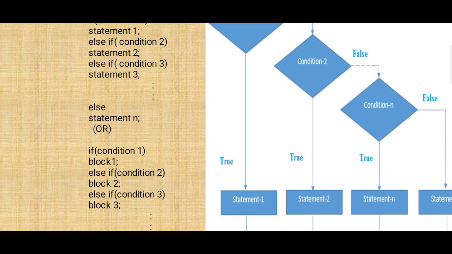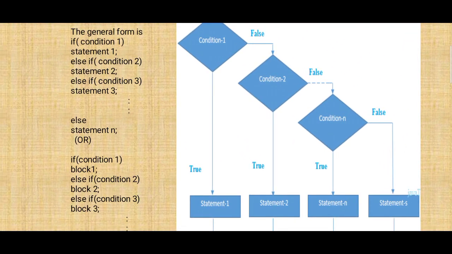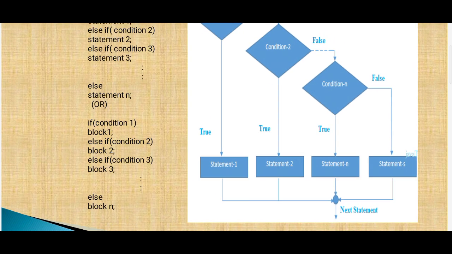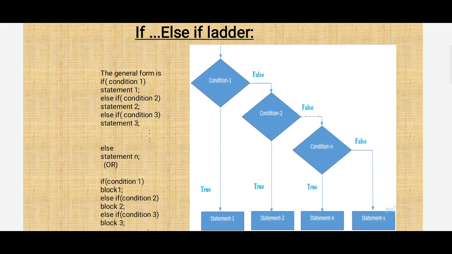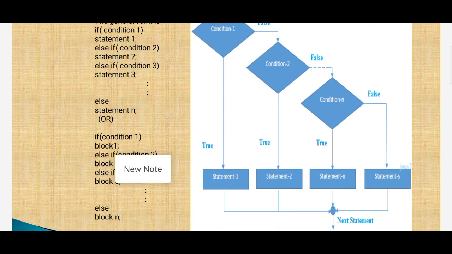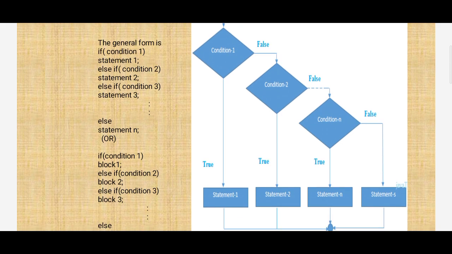This is the flowchart of the if else ladder. It is easy to understand. Here we have conditions 1, 2, 3. If condition 1 is true, statement 1 is executed. If the condition is false, go to condition 2.